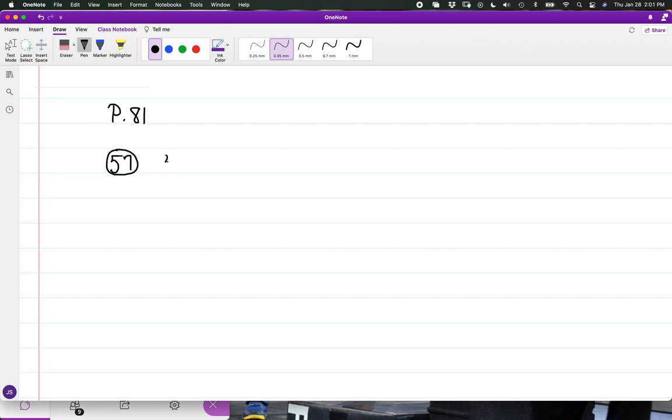In the case of number 57, this time we're solving for the variable u, where we have 4u squared plus 64 is equal to 0. I have only one term in the variable u, with 4u squared.